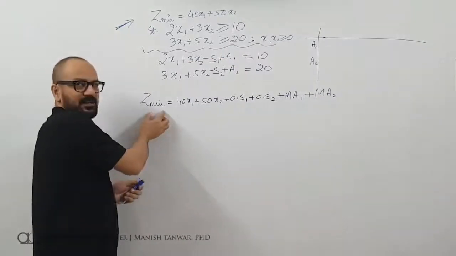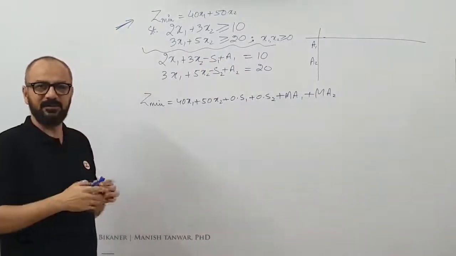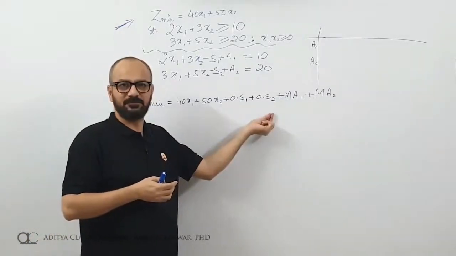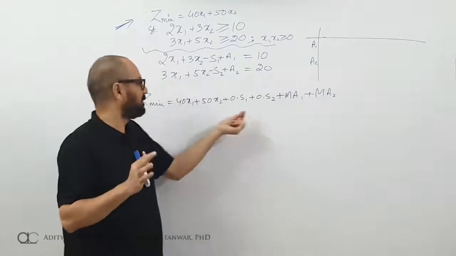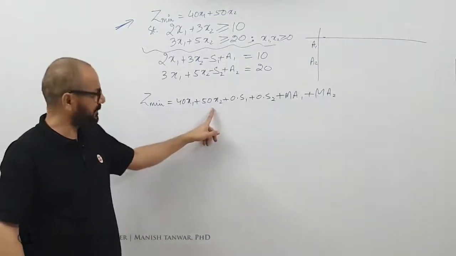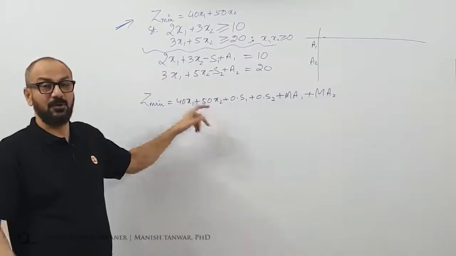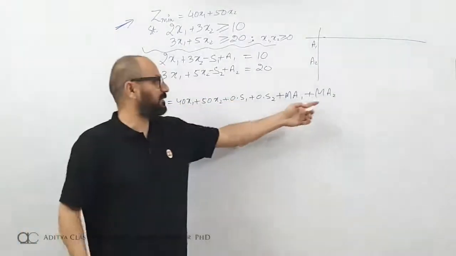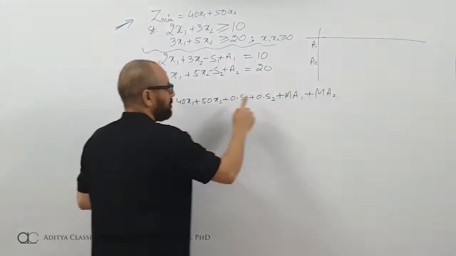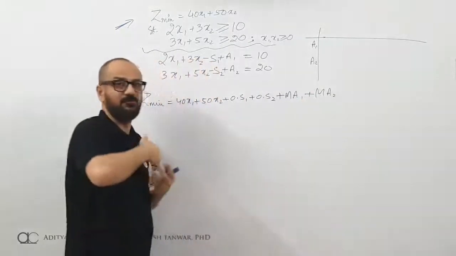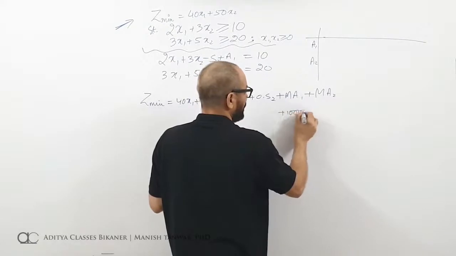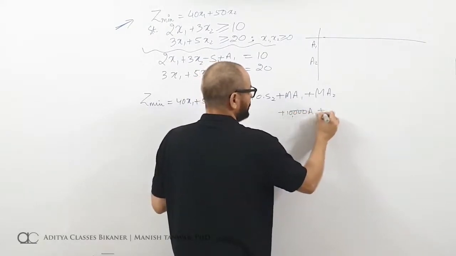Because what minimization loves is smaller values. Minimization would love these values best. Then if pushed further, minimization would go to x1. If pushed further, it will go to x2. If pushed further, then it will think of a1 and a2. So, what I am trying to do is, in minimization, make them positive, and positive huge, very large numbers. Imagine, I told you, this is a number larger than anyone.